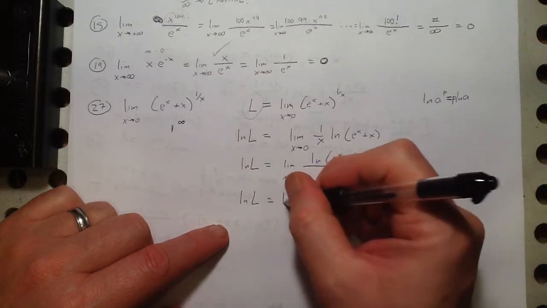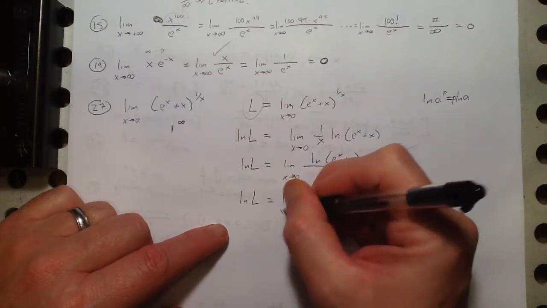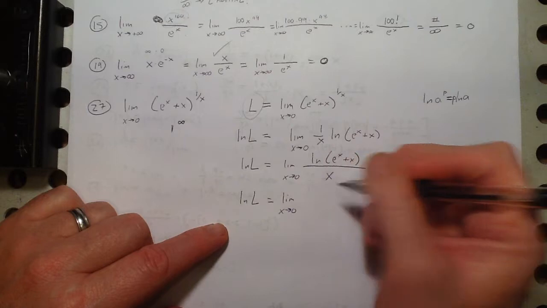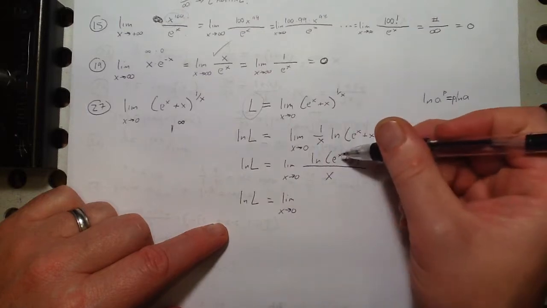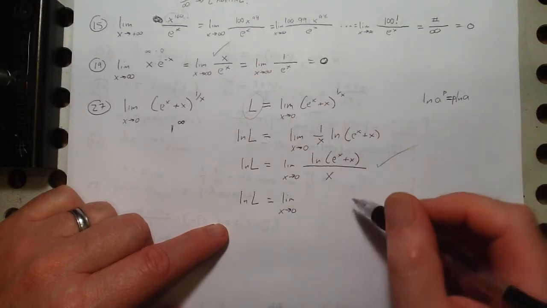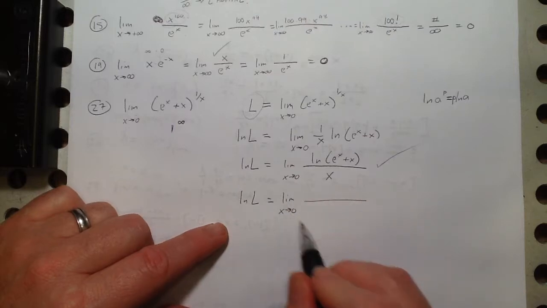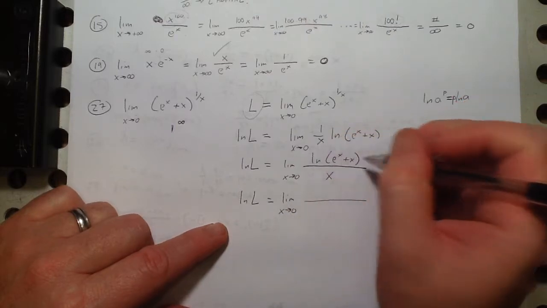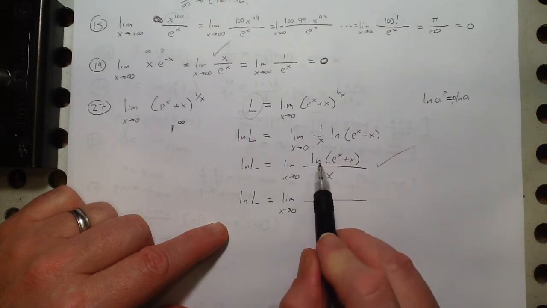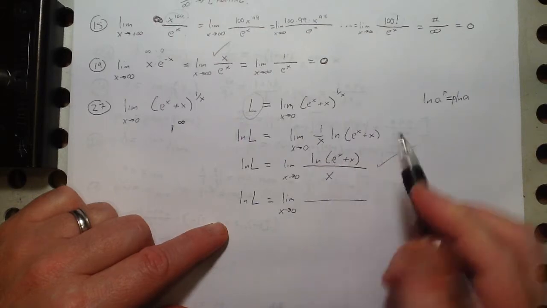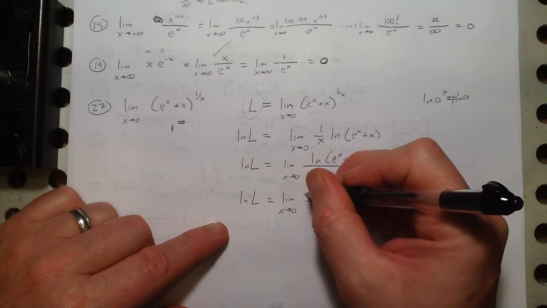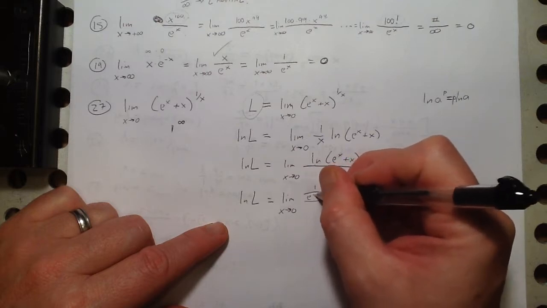And L'Hopital's rule says if you've got a limit that's 0 over 0, which this is, or infinity over infinity, then that's equal to the limit as x approaches 0 of the derivative of the top. The derivative of natural log of whatever is 1 over whatever.